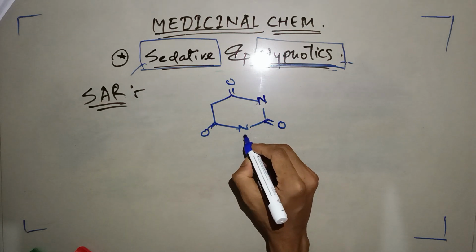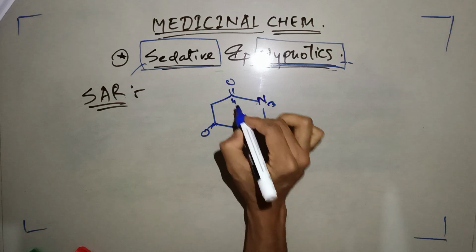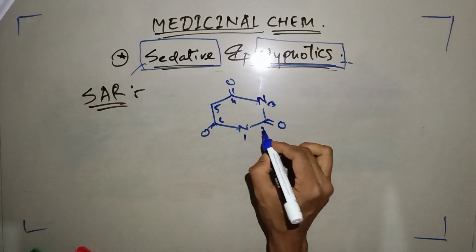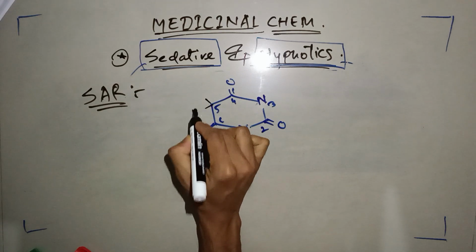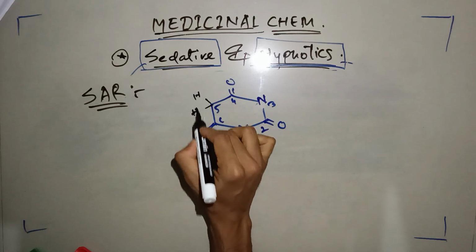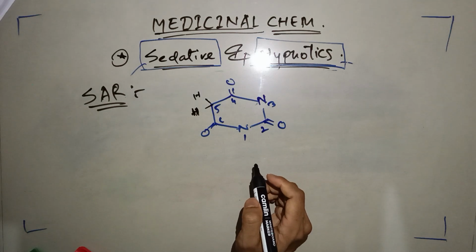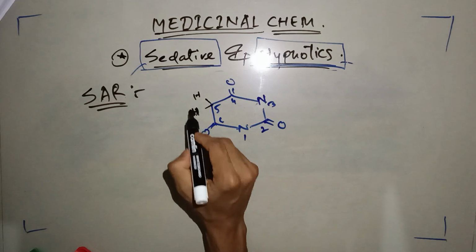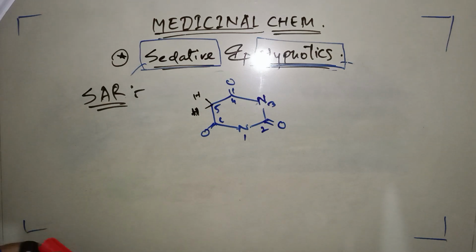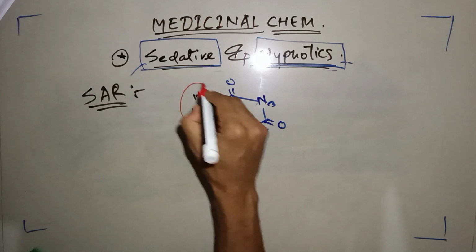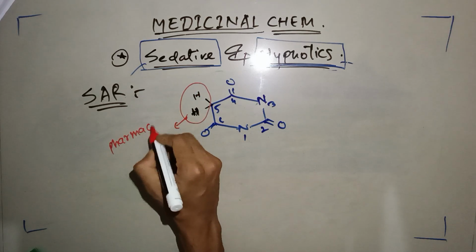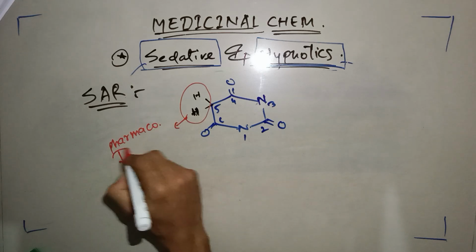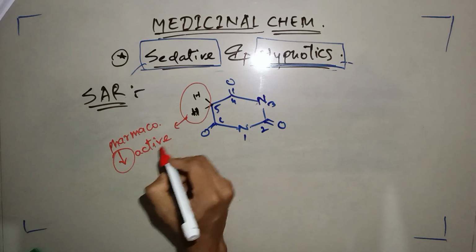Okay, now see, start numbering 1, 2, 3, 4, 5, 6. In this, in the fifth position, what is present? 2 hydrogens are present. Yes or no? And because of these 2 hydrogens, barbituric acid is pharmacologically less active.